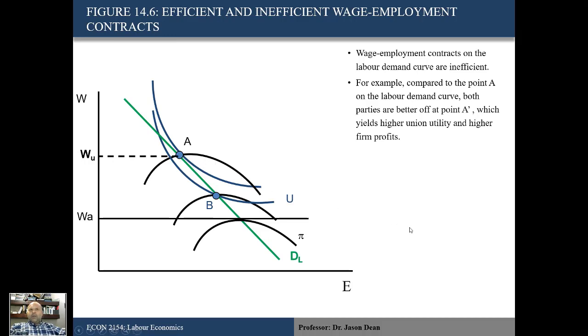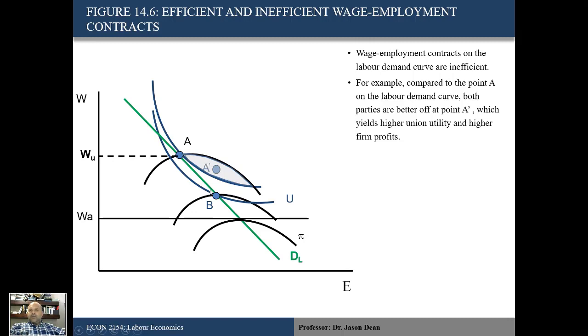So, for example, compared to point A on the labor demand curve, both parties would be better off at a point A prime, because this will yield higher utility to the union and higher profit to the firm. In fact, any point in this area would result in a Pareto improvement for both parties.